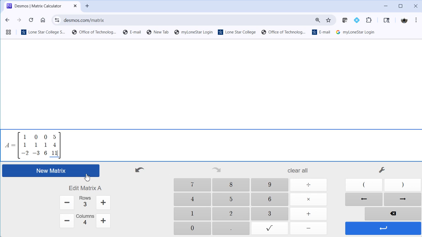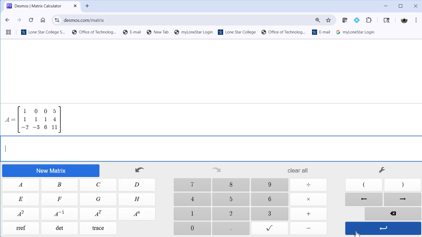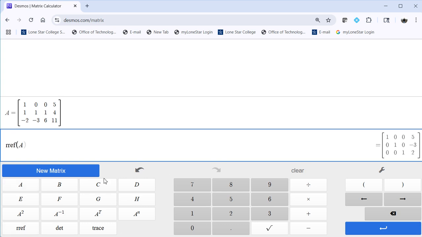Okay, now I'm just telling the matrix to row reduce. Okay, so we'll row reduce matrix A, and see that it gave the answer right away. That's amazing. It told me that A is equal to 5, B is equal to negative 3, and C is equal to 2.